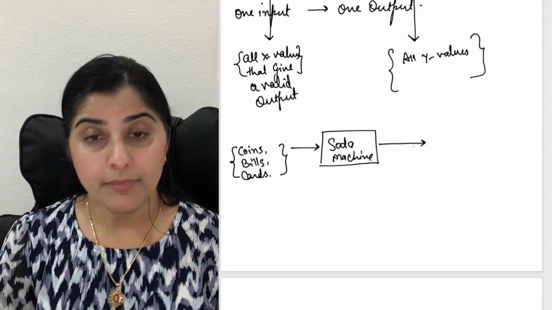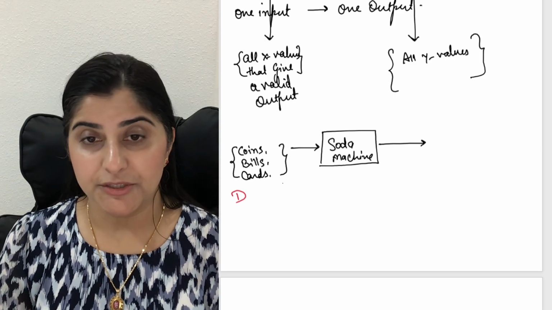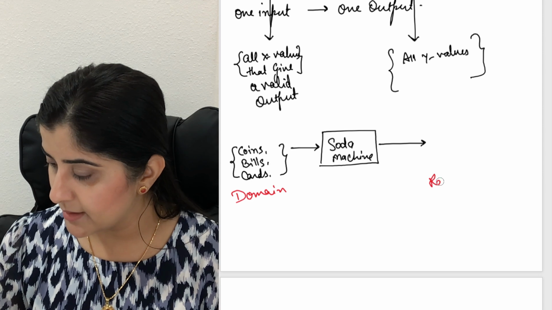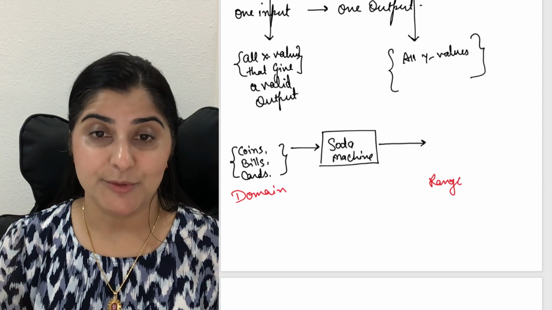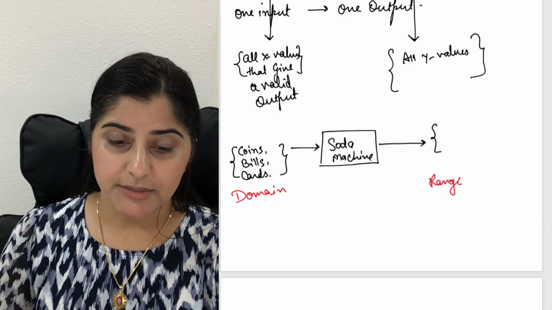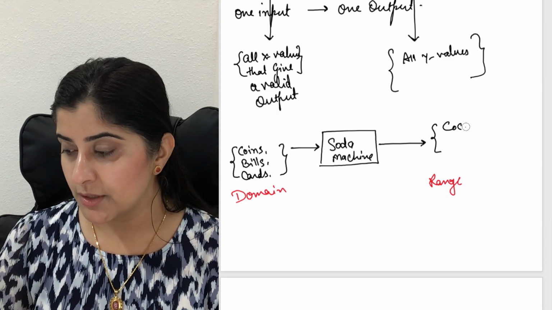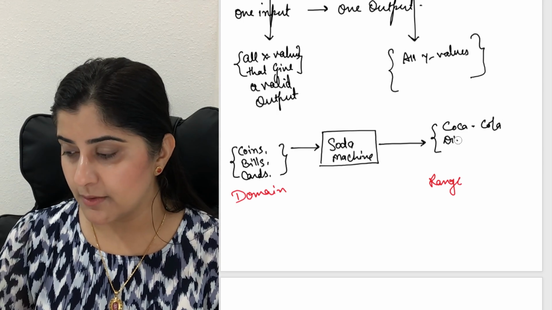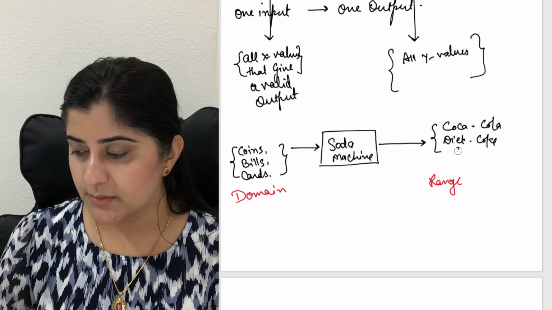And similarly, we have a restriction for the soda machine's range as well. We cannot get everything as an output from the soda machine. Suppose the soda machine has 3 kinds of soda: Coca-Cola, Diet Coke, and Sprite.